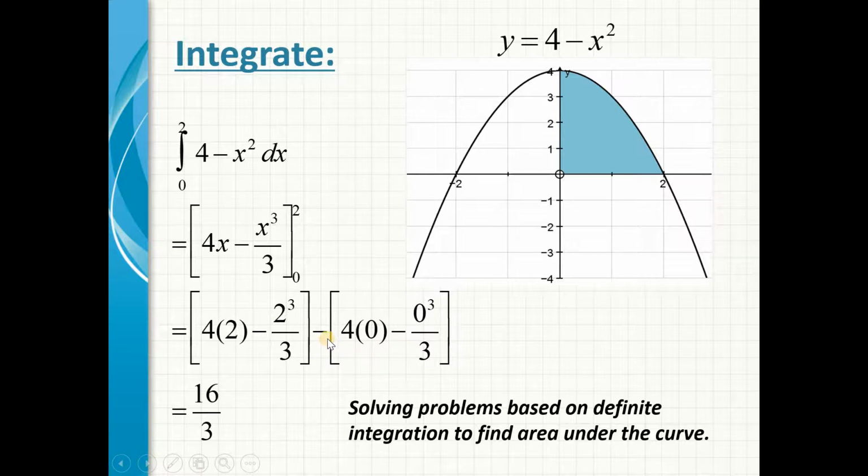Minus the start, which was 0 because it said from 0 to 2. So replace x here by 0: 4 times 0 minus 0 power 3 over 3. Using the calculator, it's going to be 16 over 3. If we are solving problems based on definite integration, we are going to find the area under the curve.